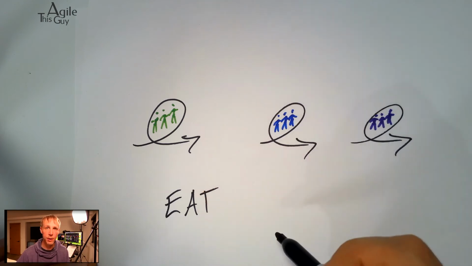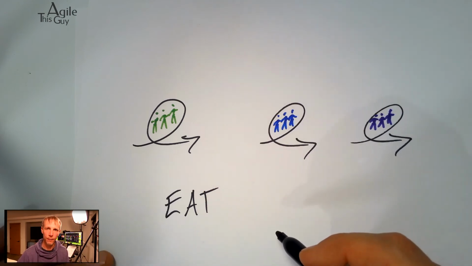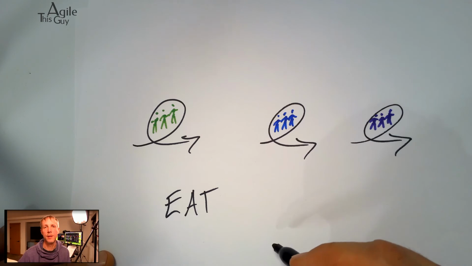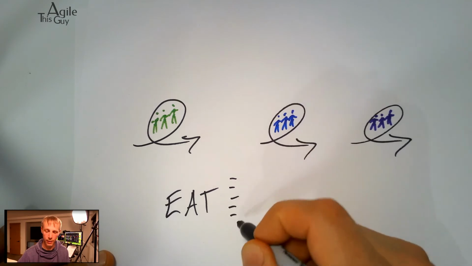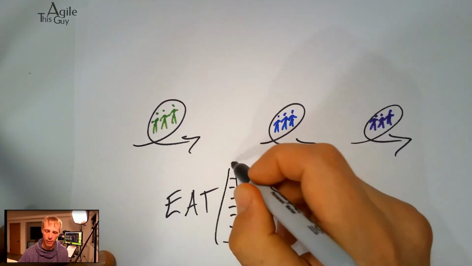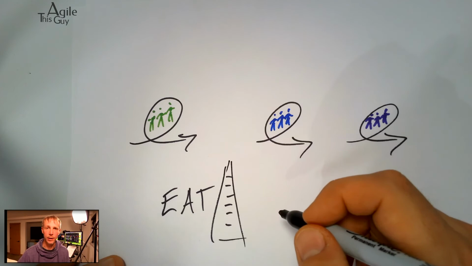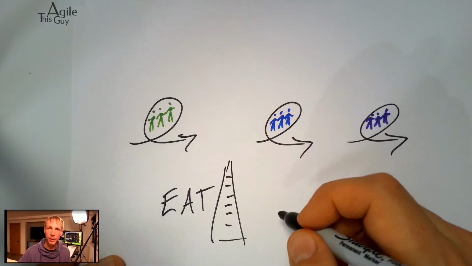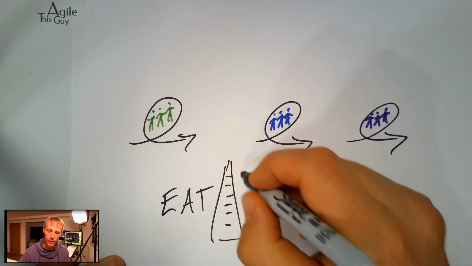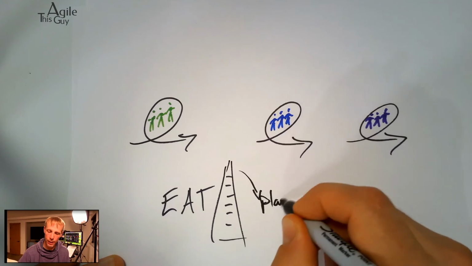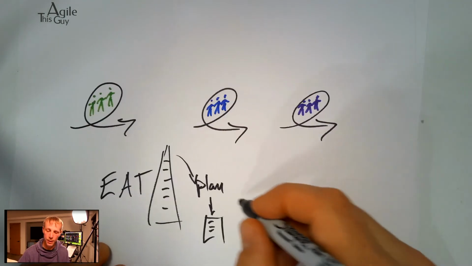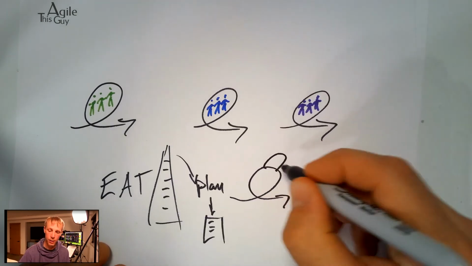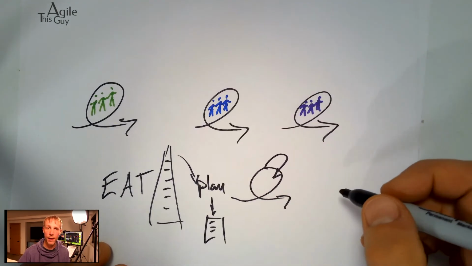And as these teams run into problems they can't solve for themselves, perhaps we could work with executives to catch those impediments, stack them up on a list, and then every so often, maybe every month on a regular cadence, we could pull some off and plan how we might solve those problems and work through it, checking in every day on that.